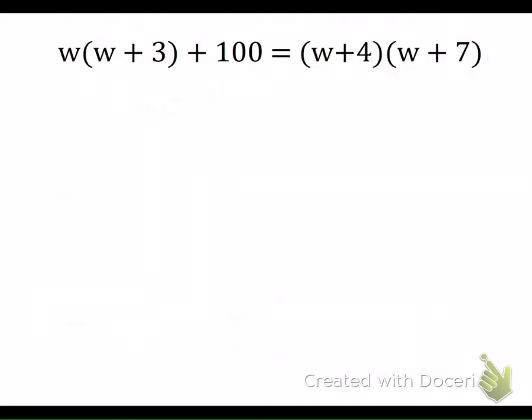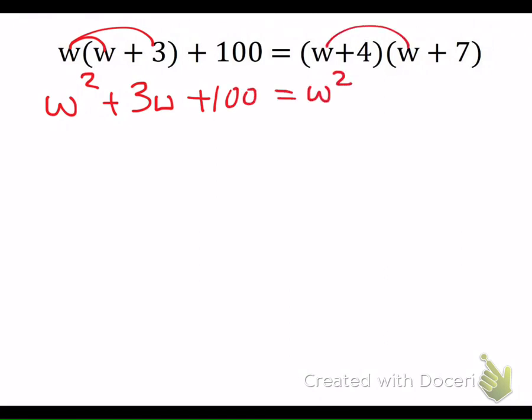All right, here's where I'm going to start. I am just going to fly through this one so we have a little time to get the work done that we need to get done. So this is going to be W squared plus 3W plus 100 equals, we got W squared, we got 7W, we've got 4W, we've got 28. All right.